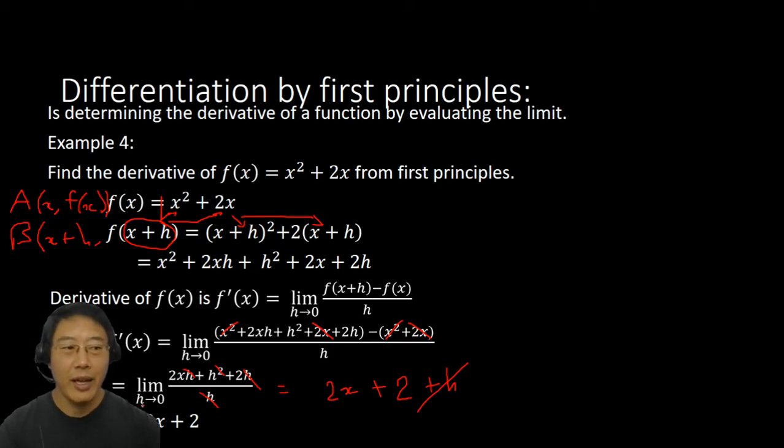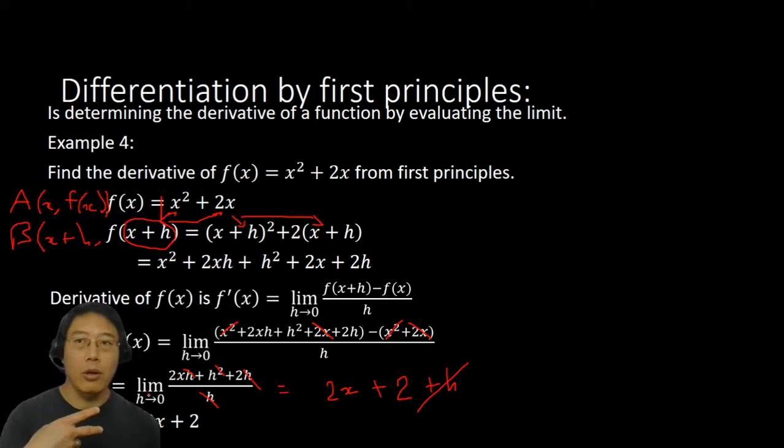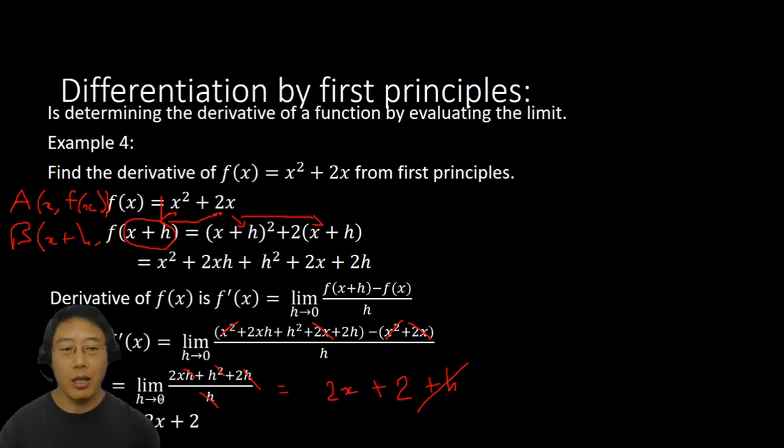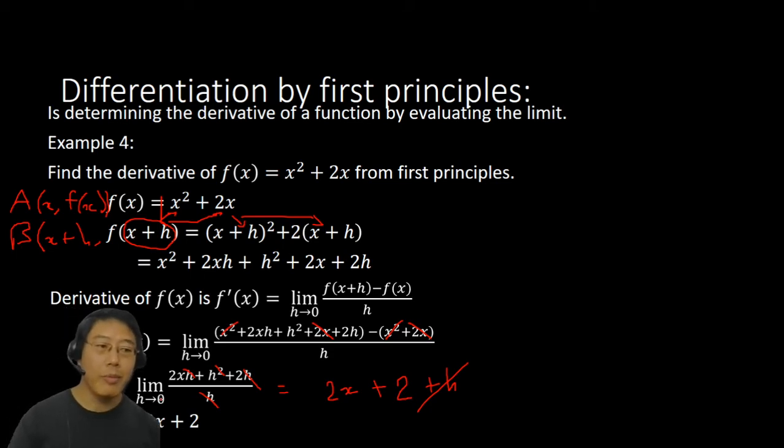By having h converging towards 0. That's just for the first principle. Now, in general, when we do a limit, if we're not looking for the derivative, and I'll give you a limit calculation, that h can converge towards anything, any value. But just to find the first derivative, we want that to be converging towards 0.